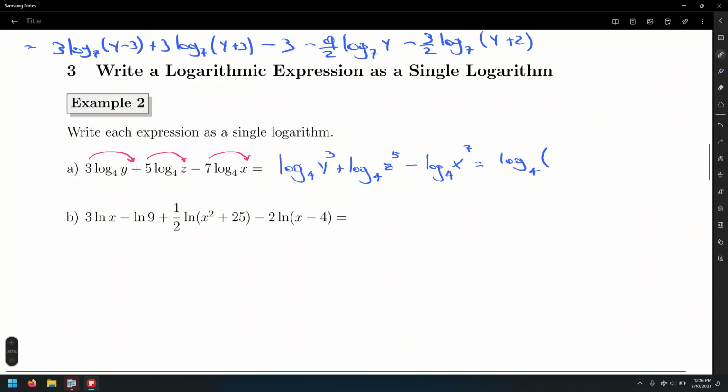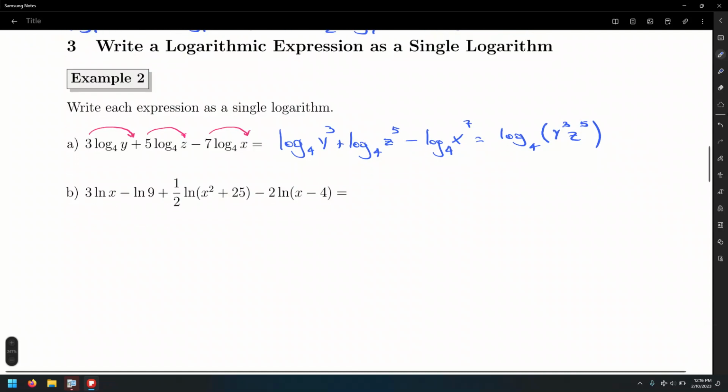Let me open parentheses and write down the product of these two arguments here, that is y cubed times z to the fifth. I know there's a minus term that we could have written down in the denominator. After getting some practice, you could do this in your head. It just becomes second nature. But in the meantime, I'd rather do one property at a time. So that's minus log base 4 of x to the 7th.